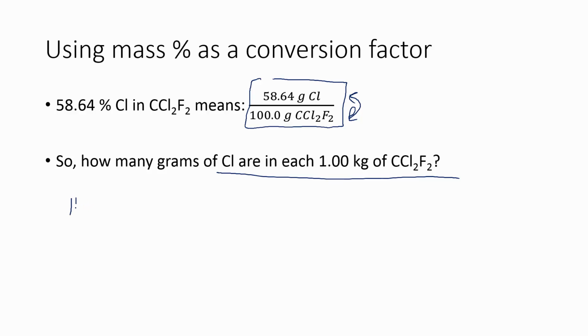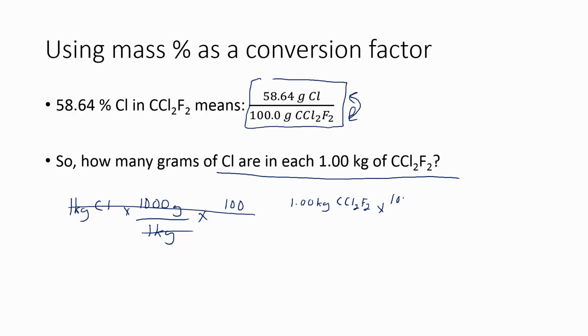Well, let's see. So 1 kilogram of CCl2F2, my apologies, times 1,000 grams for every 1 kilogram, and now we have units of grams of the whole thing, the CCl2F2.